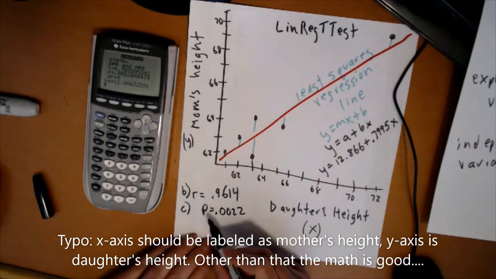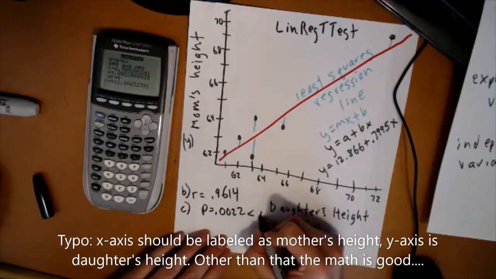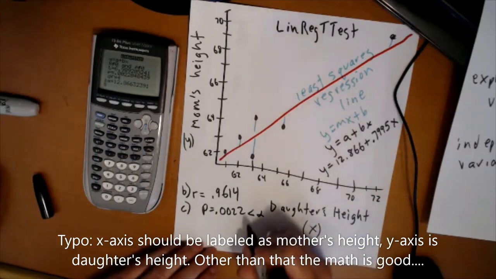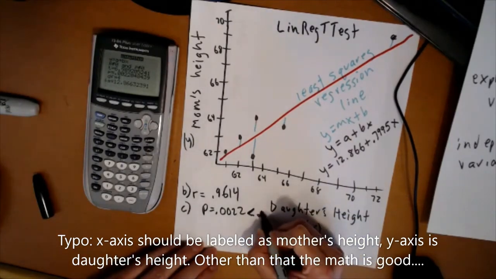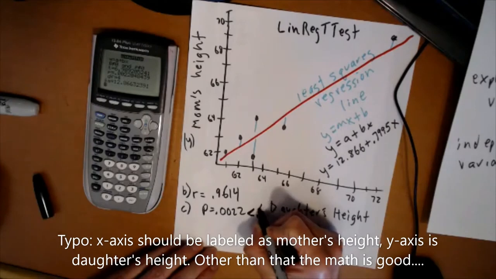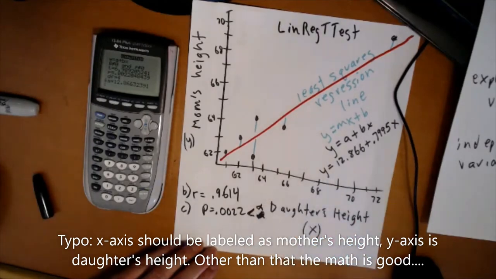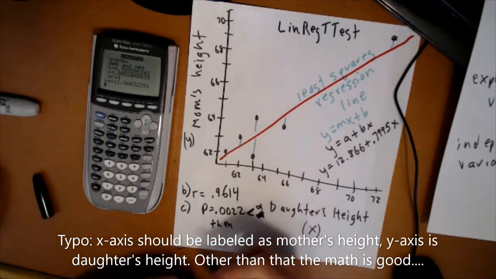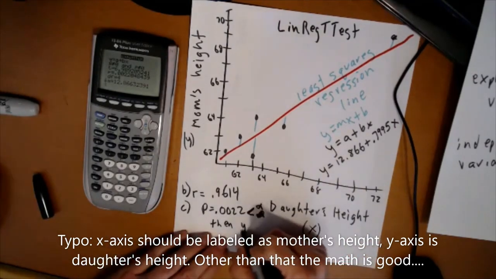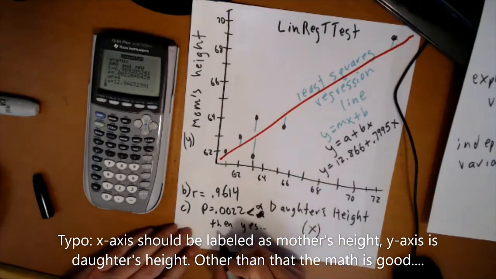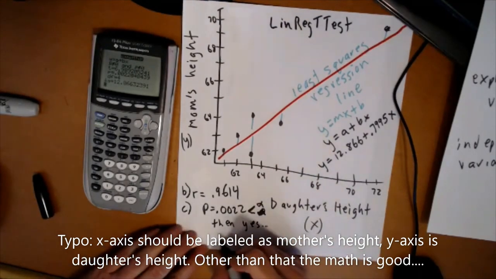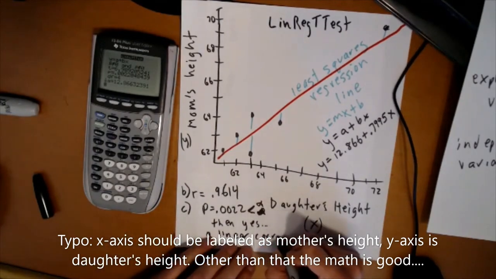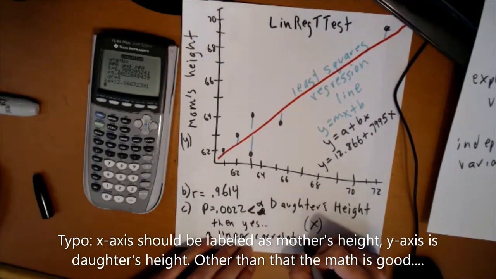And remember, if our p-value is less than our alpha, then we would reject H0. That means something interesting is happening. Then yes, we do have a linear correlation. Yes, a linear correlation exists.